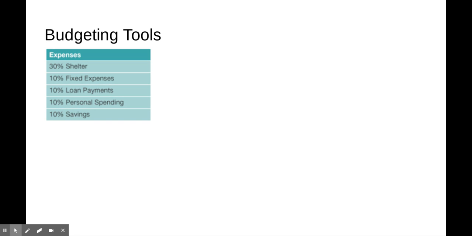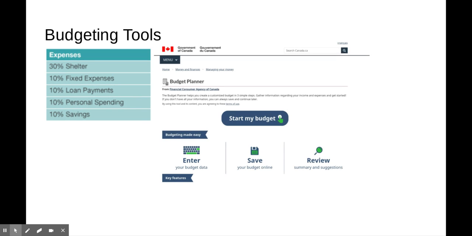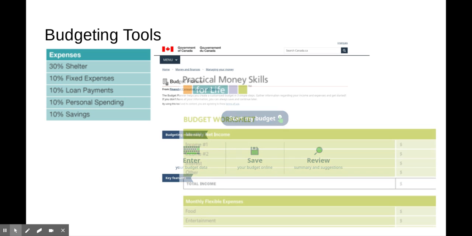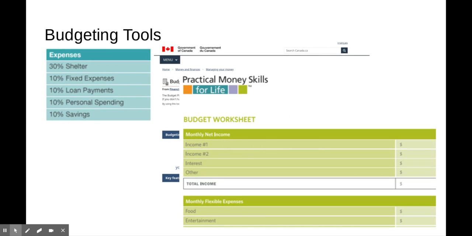Try to stick to Canadian sources if possible, and again, we want to be using good resources that are reliable. One is the Government of Canada resource. And again, the website we just showed you, Practical Money Skills, does have a budget worksheet. Again, these can both be found in the resources to support document. But of course, you can always use something like a spreadsheet tool, Google Sheets, to create a budget worksheet.